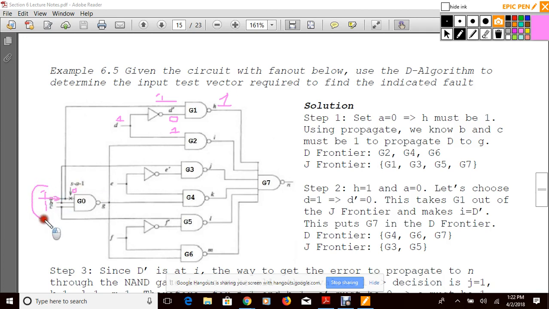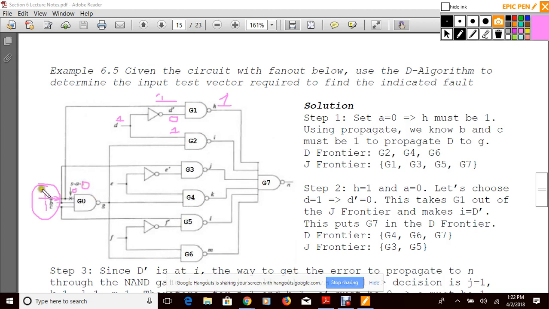So we have 1, 1, 1 on those inputs. Does that make sense? So here I am expecting, I have 1, 1, 0, so I'm expecting 1. But I'm getting a 0 on the output. I'm sorry, this is stuck at 0. Okay, so it's stuck at 0.